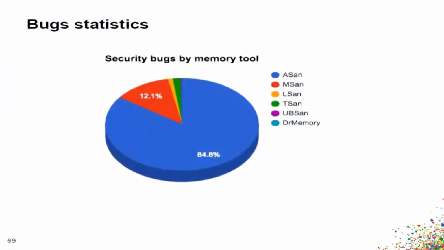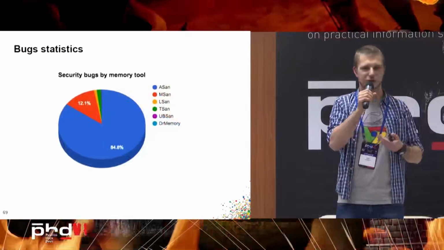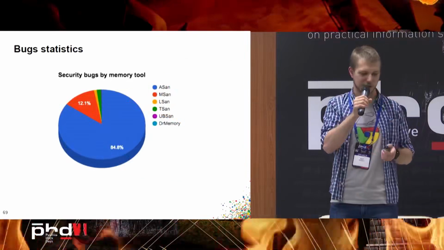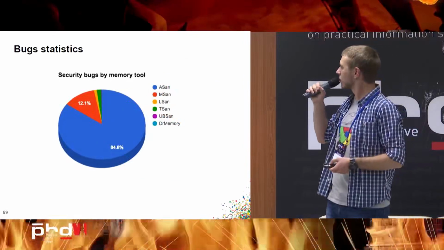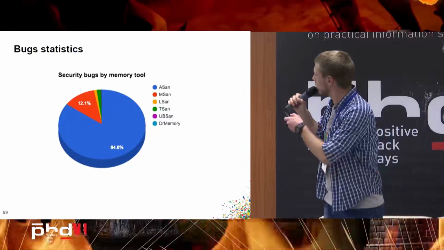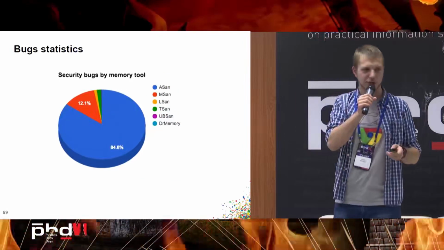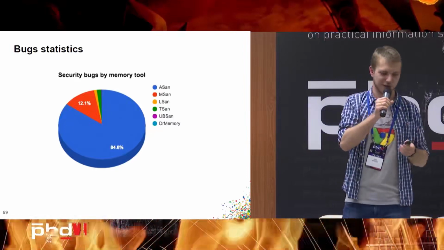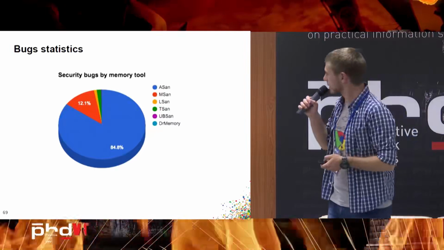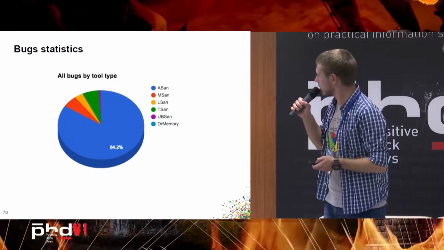Okay, this is the distribution by memory tools, you see that ASan leads the pack for sure. It finds the most popular bugs, such as buffer overflows, use-after-free, broken math. And this is stats for vulnerabilities, but the next slide will show all bugs.